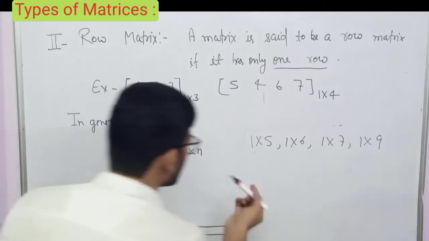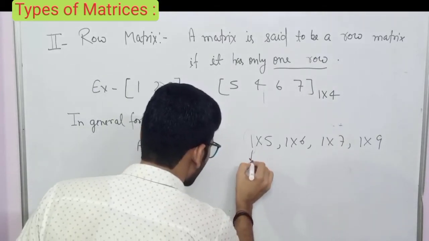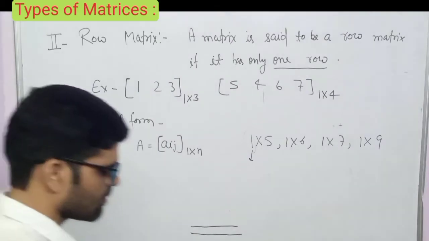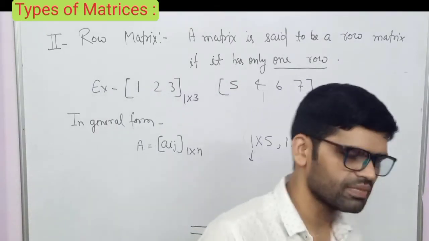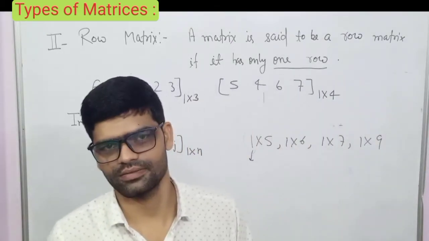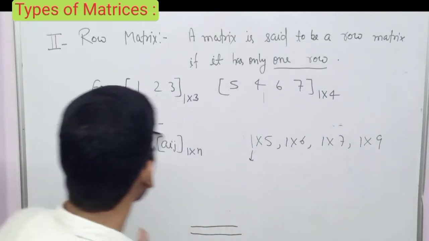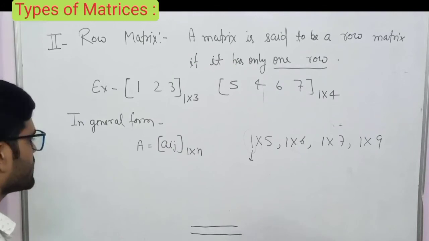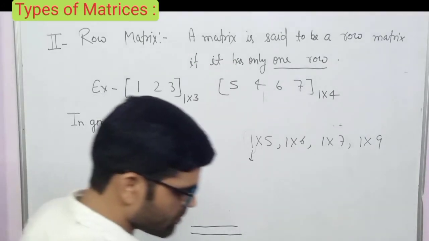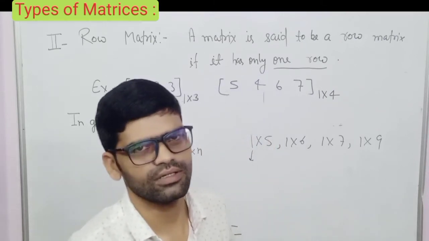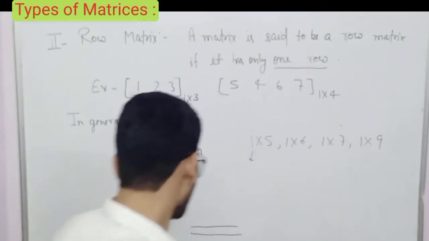Row matrix depends only on the row, that is unity, and it does not matter how many columns are present in that matrix. And the same, opposite, if you want to write a column matrix, column is only 1 and there is no effect of how many rows are in that matrix.